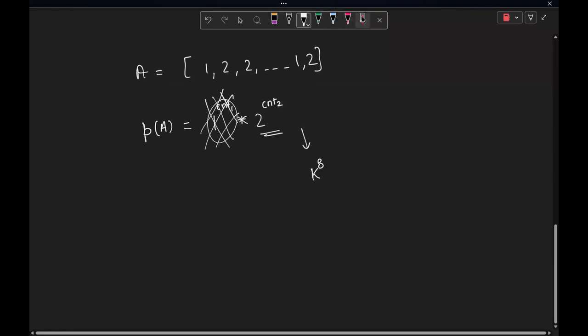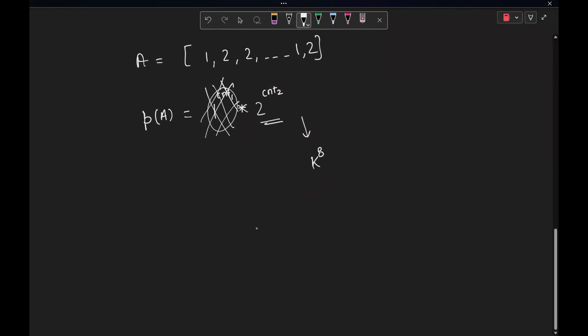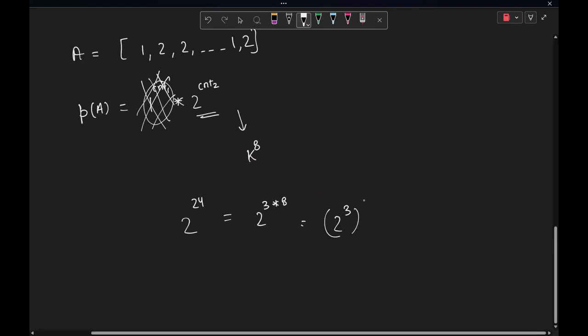Now from this part, I think that it should be intuitive that if this count of 2 is divisible by 8, let's say 2 raised to the power 24, then you can call it 2 raised to the power 3 into 8, and then you can call it 2 raised to the power 3, raised to the power 8, right?